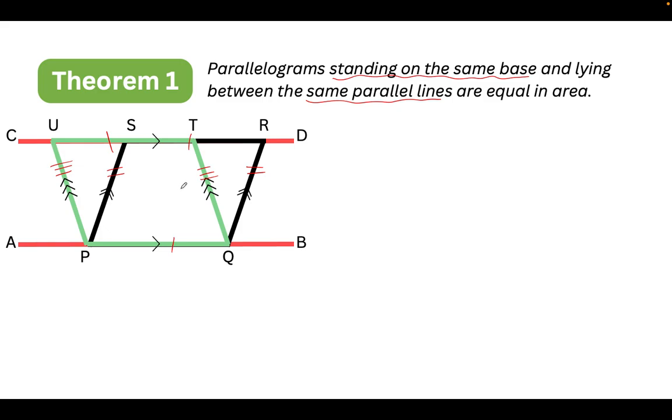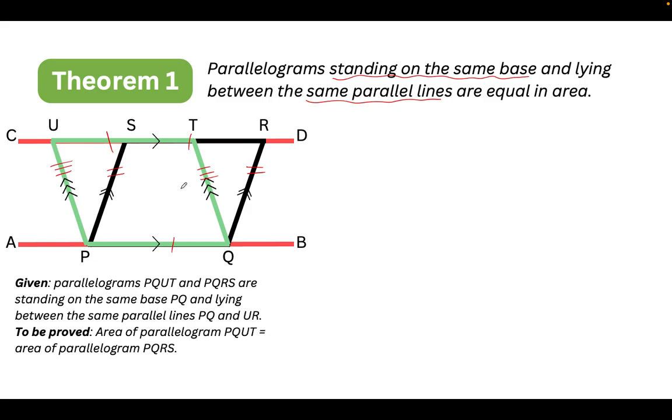Here, in understanding the theorem, we will write what is given and what needs to be proved. So what is given is parallelogram PQTU. Let's not be confused, guys, I got a little confused here.